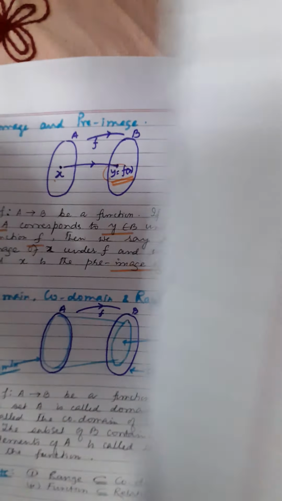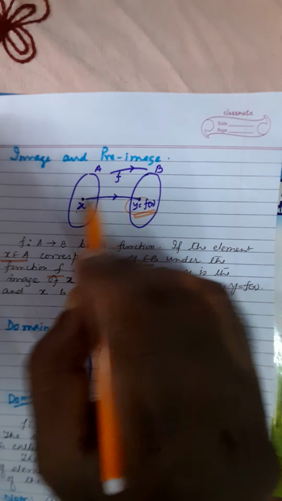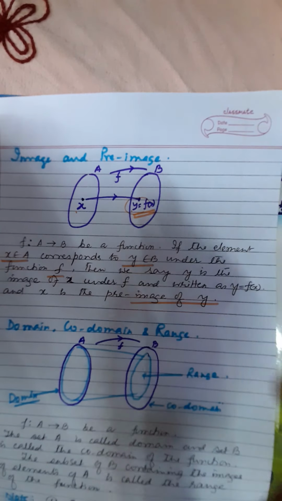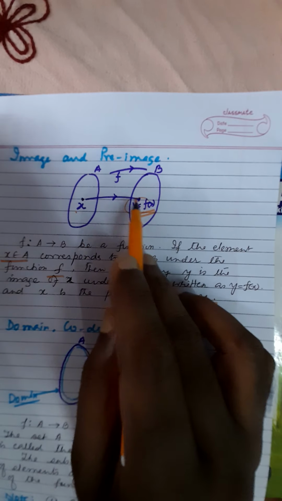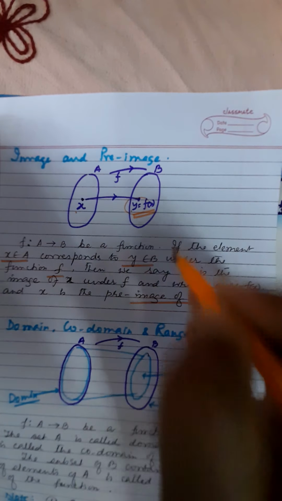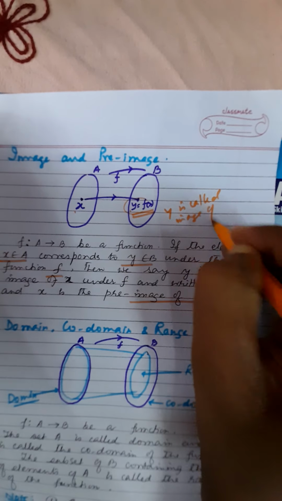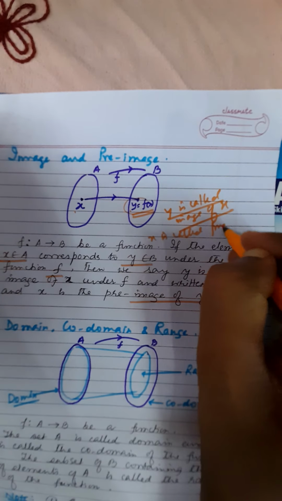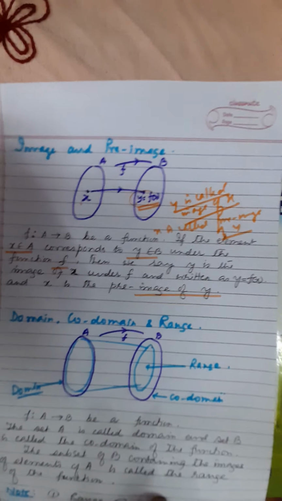Clear? Next, see image and pre-image. This is a function from A to B. X belongs to A and X is associated with Y, Y belongs to B. In this case, Y is called the image of X and X is called the pre-image of Y. This is the definition.